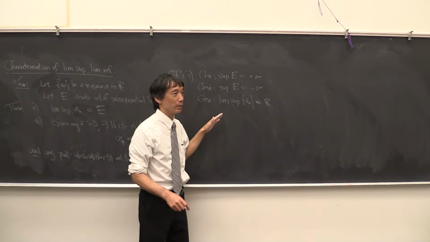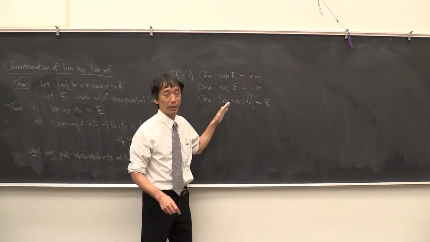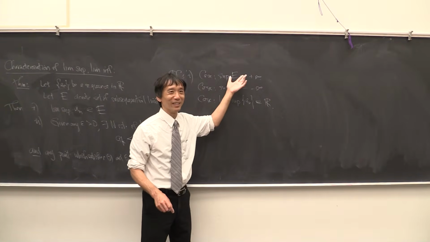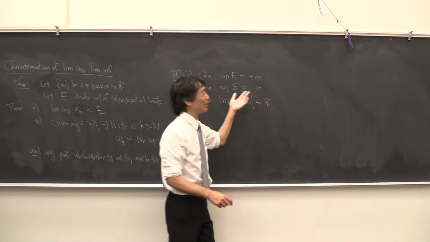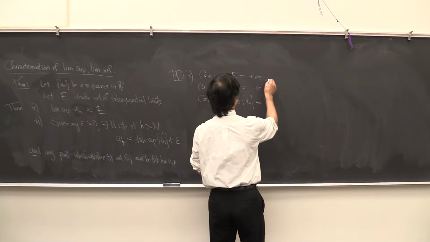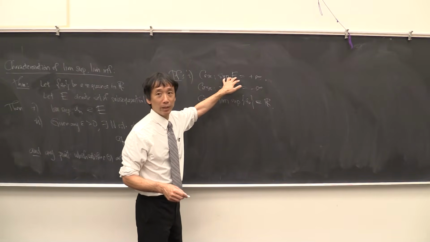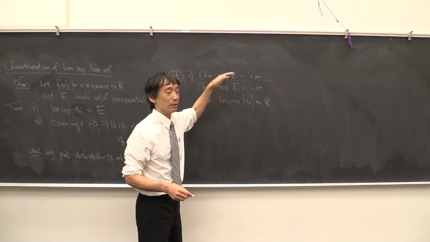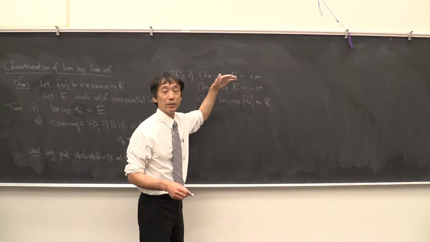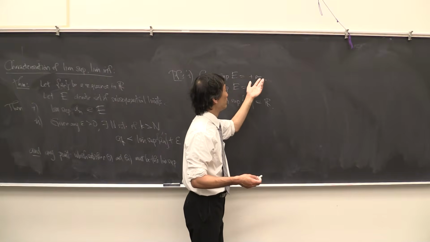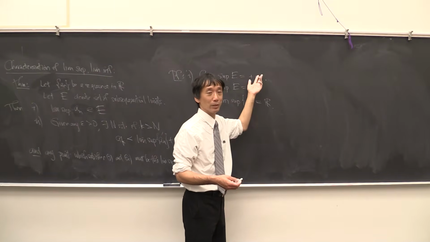There's a subsequence that converges to infinity, and so that's it, right? That's just by definition, basically. For this to be infinity means that one of the subsequential limits is infinite, and so this thing is a subsequential limit.